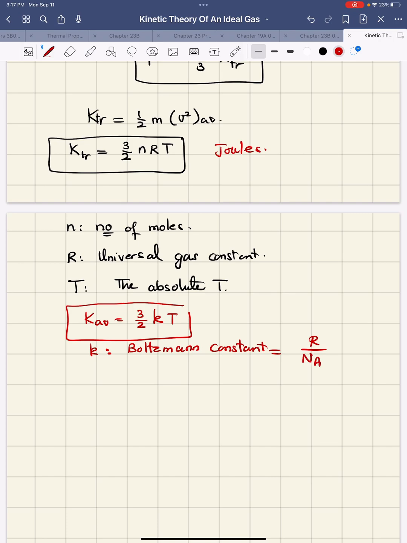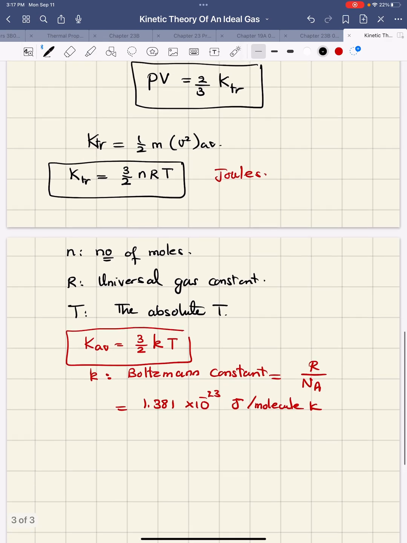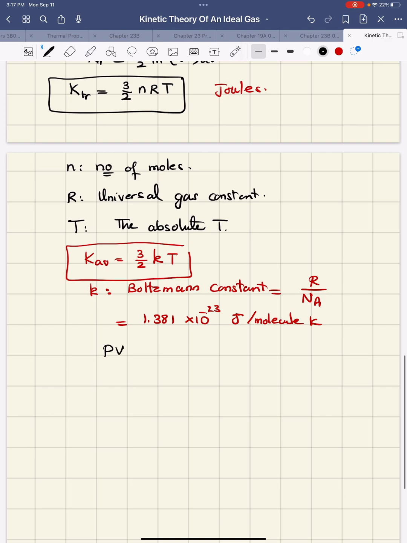Remember, NA is Avogadro's number, and k equals 1.381 times 10 to the negative 23 joules per molecule Kelvin. And using this equation, I can also reach another way of the equation of state, PV equals NkT. Then these two equations are really equivalent.